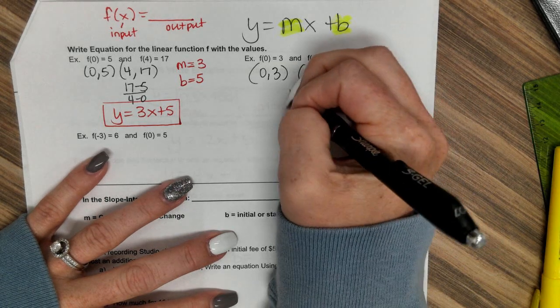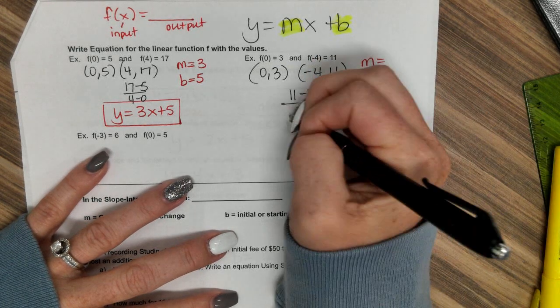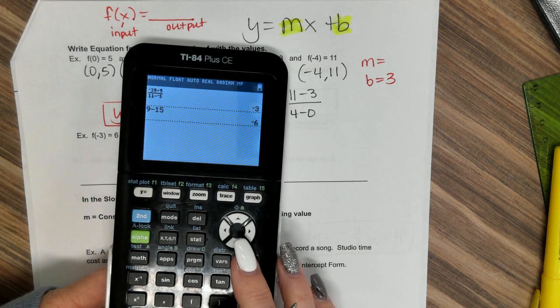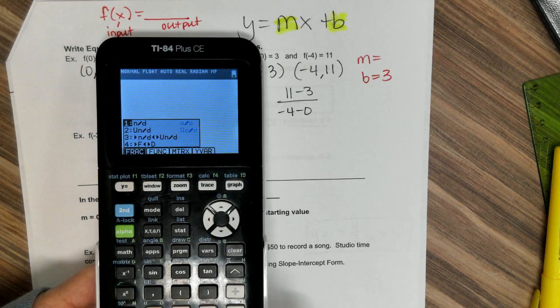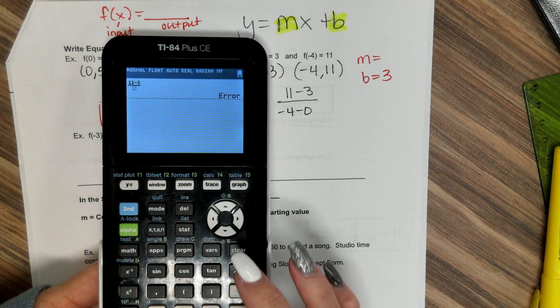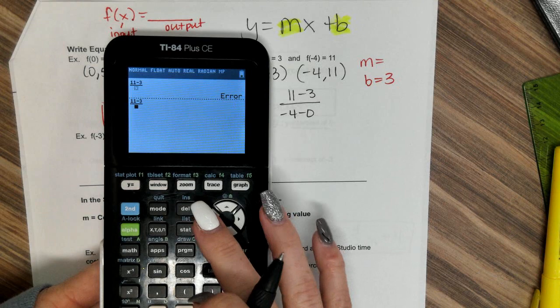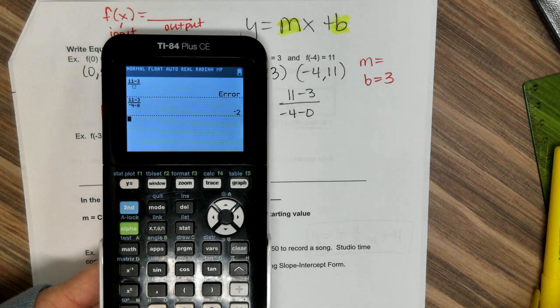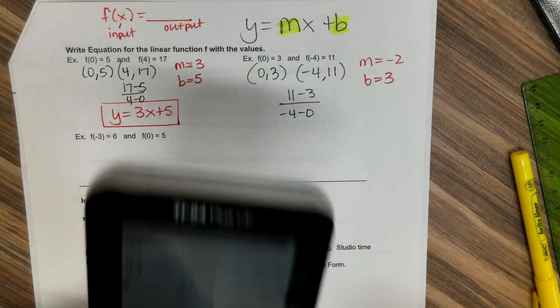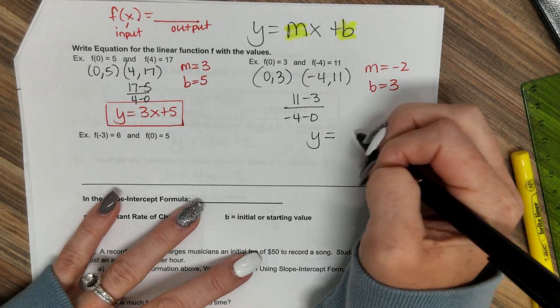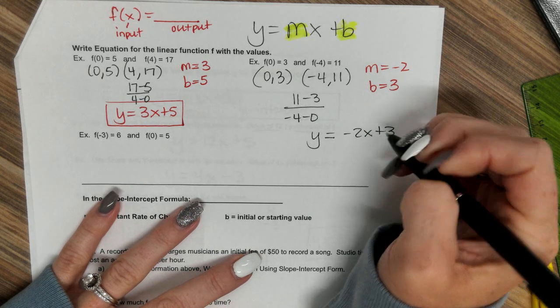So 11 minus 3 over negative 4 minus 0. Negative 2, yes? All right, now that I have those two, I would write y equals negative 2x plus 3.